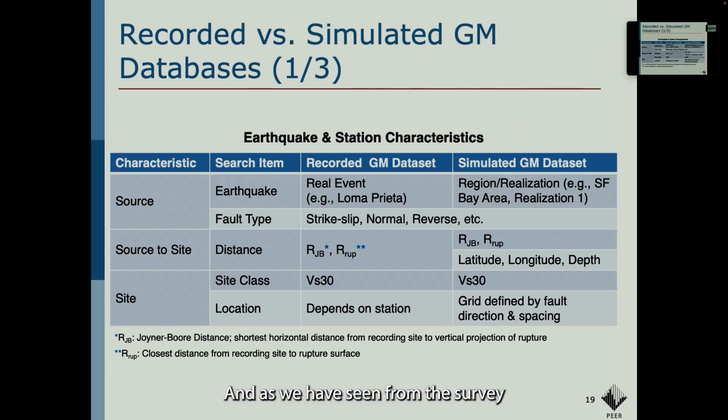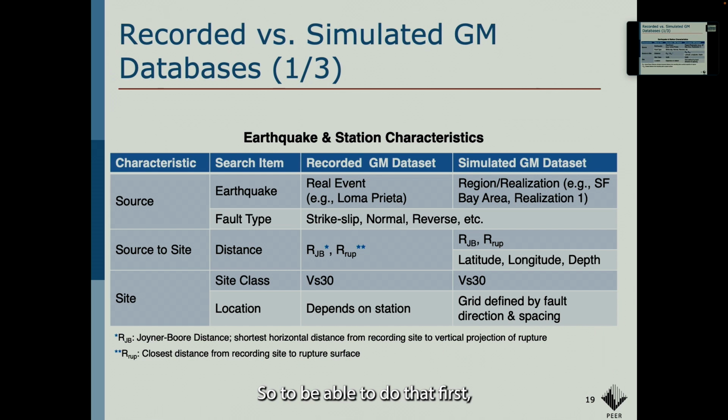And as we have seen from the survey, and as mentioned several times today, there is obviously an interest to keep the simulated ground motion interface similar to NGA, which is obvious. But on the other hand, there are inherent differences between a recorded ground motion data set and the simulated ground motion data set, which need to be considered to add specifics of simulated ground motions in the interface.